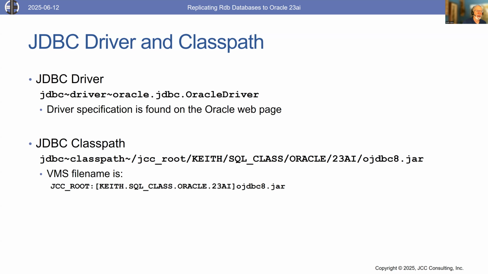So I have a logical device, JCC root, that has the folders keith.sqlclass.oracle.23ai, and the OJDBC jar file is in that folder. And so the class path has to map to a VMS location. And in this case, the jar file name is case sensitive.